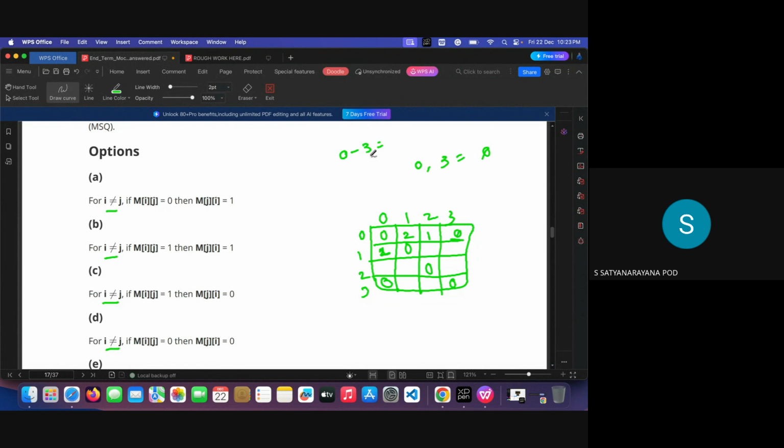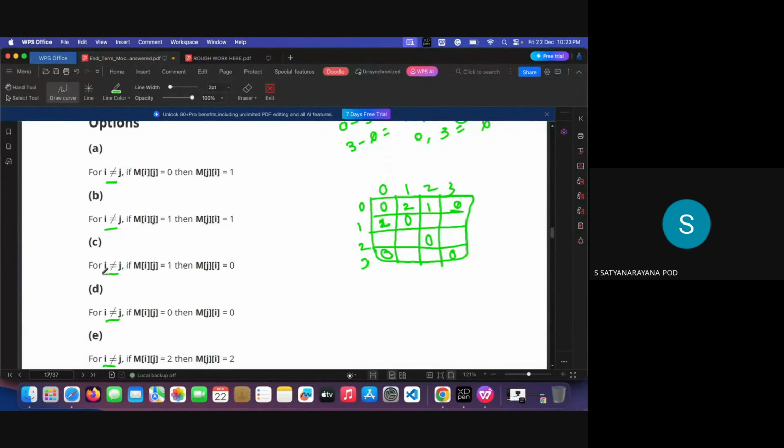In a similar way, third bill minus 0th bill you get the same, because we are taking ABS values. This time you get a positive value, that time a negative value, but both of them we are converting into absolute, so you get the same difference. So if m of ij is 0, then m of ji is also 0. So in that case, option D is perfect. This is correct, this is wrong.